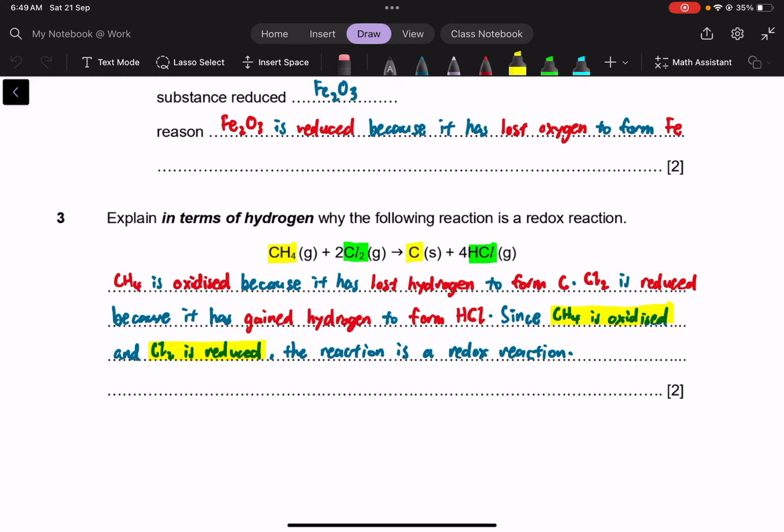So you can say that methane gas is oxidized because it has lost hydrogen to form carbon, and chlorine gas, Cl2 gas, is reduced because it has gained hydrogen to form hydrogen chloride gas. Then your concluding statement will be that since methane is oxidized and chlorine gas is reduced, the reaction is a redox reaction.